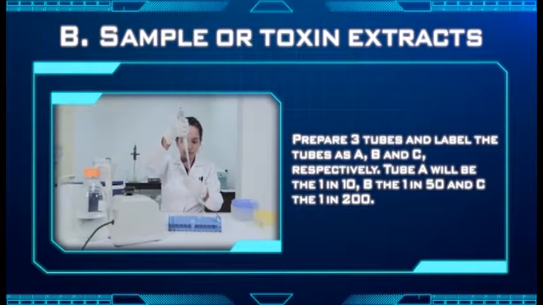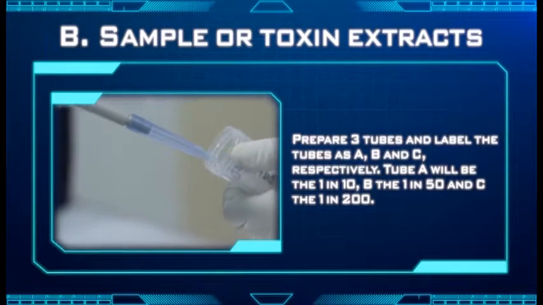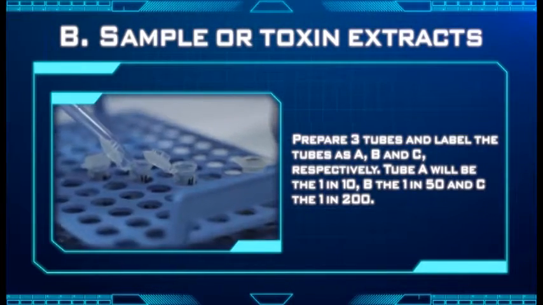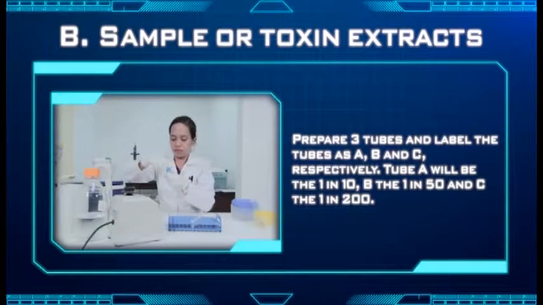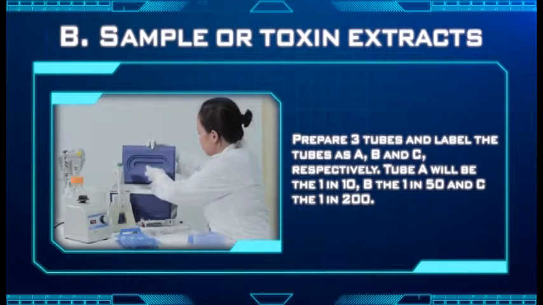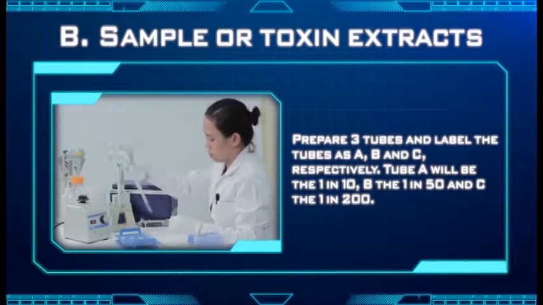Prepare 3 tubes and label the tubes as A, B, and C respectively. Tube A will be the 1 in 10, B the 1 in 50, and C the 1 in 200.